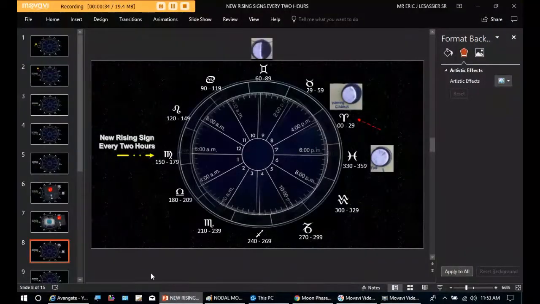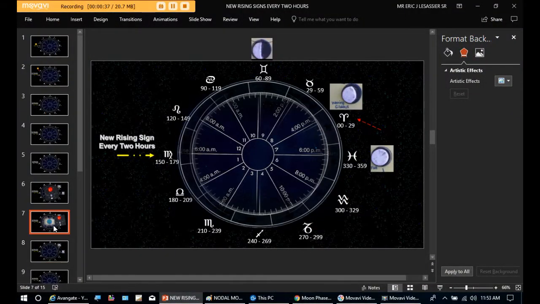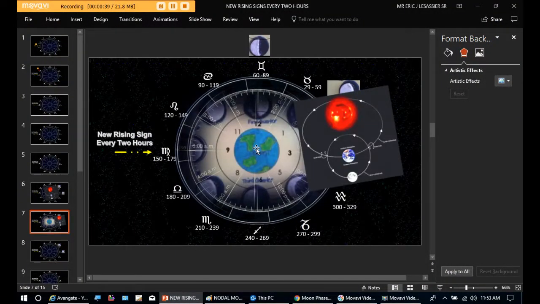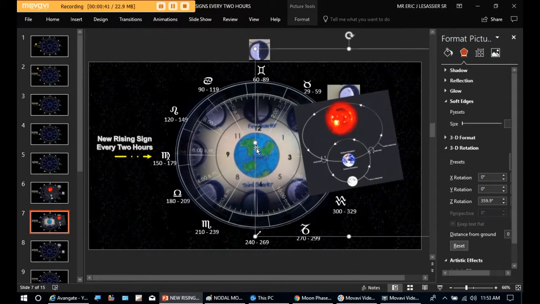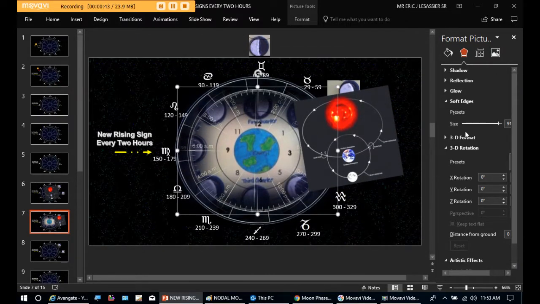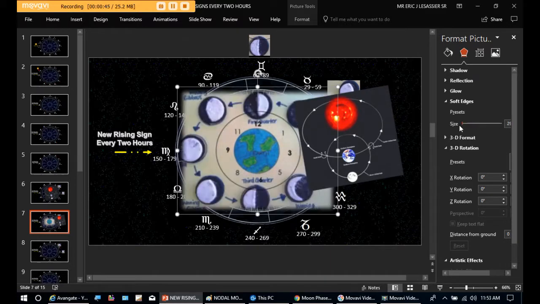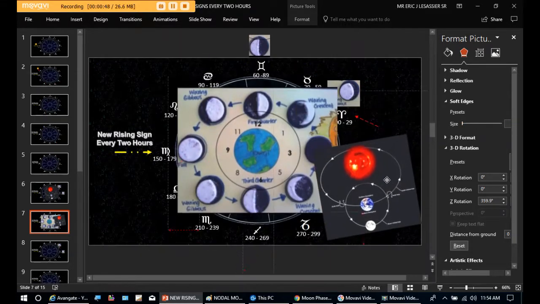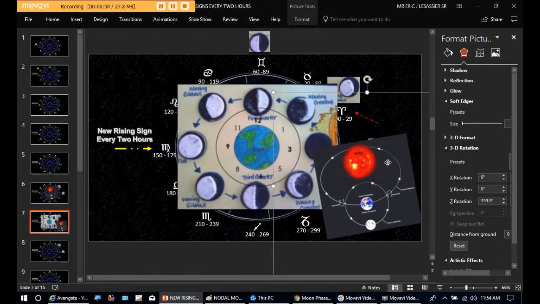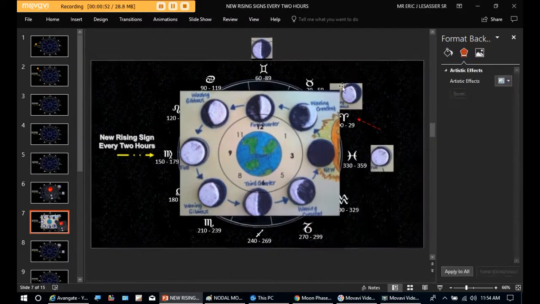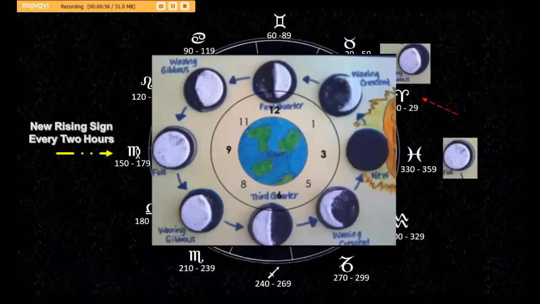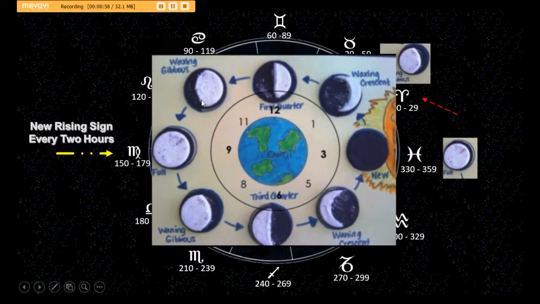But let me bring up a calendar, a moon phase. This particular phase, let me phase this back out so I can show you this reference. I'm working on a little project now that will help me to understand. Right now you have different phases.